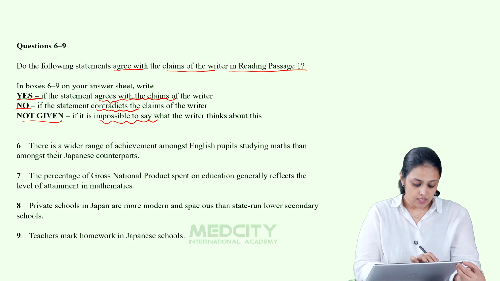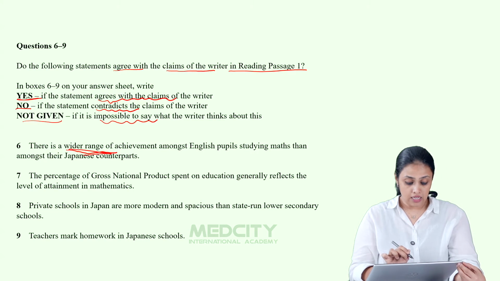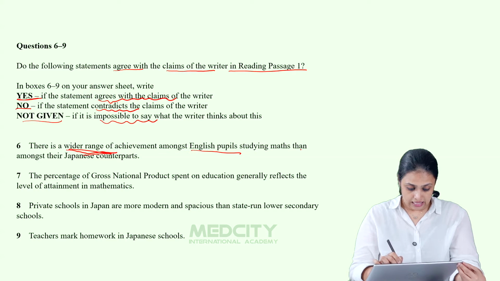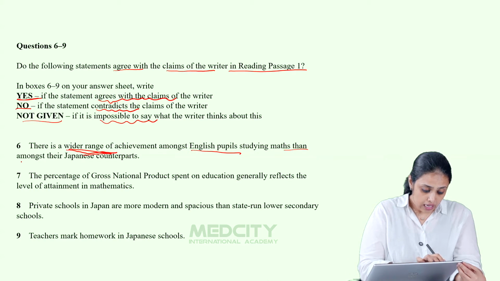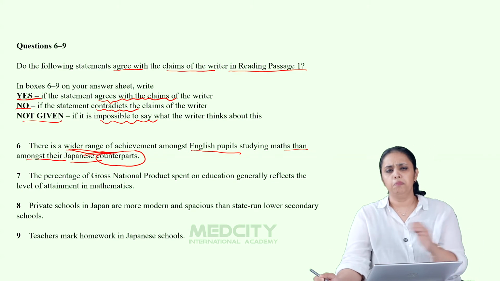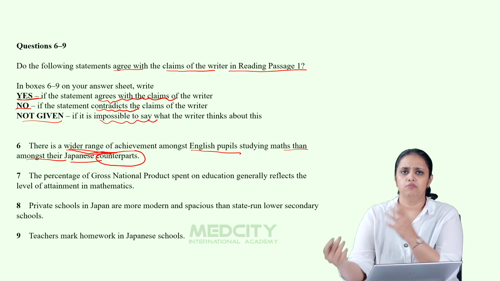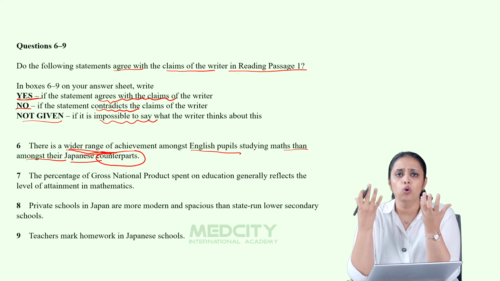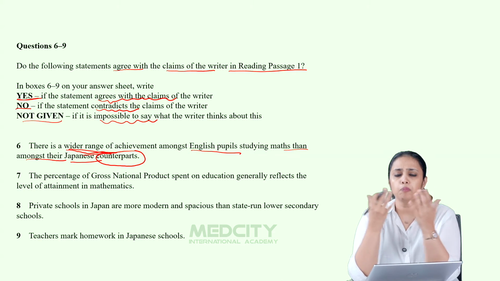There is a sixth question. There is a wider range of achievement amongst English pupils studying maths than among their Japanese counterparts. Now, what do you mean by counterparts? Counterparts means people sharing the same position, people who hold the same position.